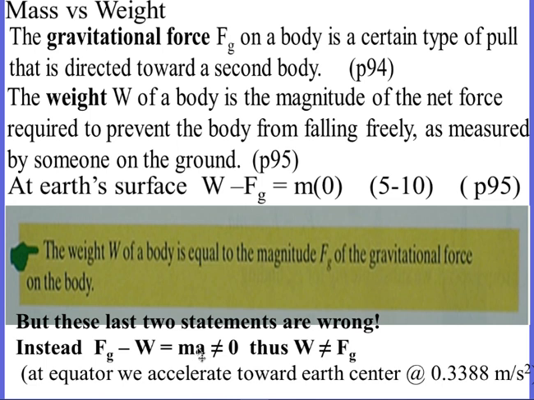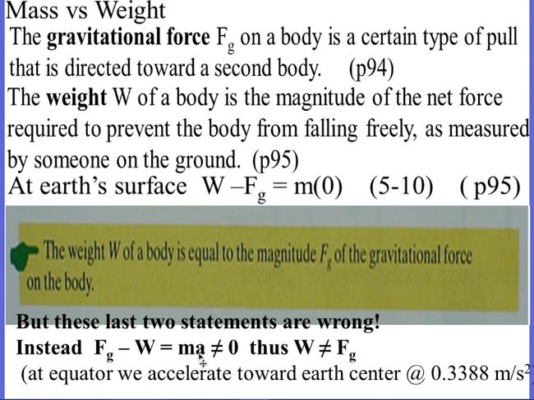Objects at the surface of the Earth, with the exception of those at the north and south poles, are going in circles. And when you go in circles, you accelerate towards the center of the circle. And that means that there is not zero net force.